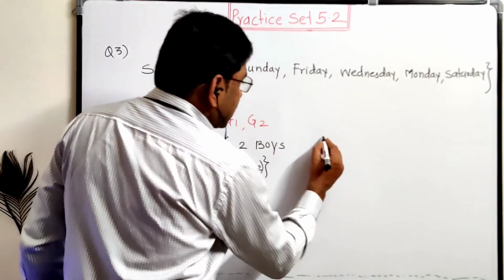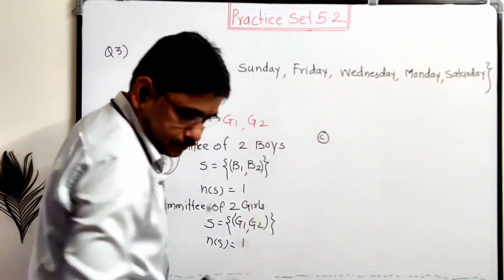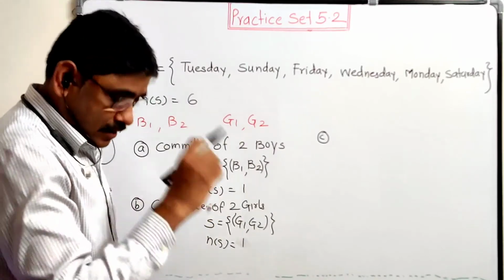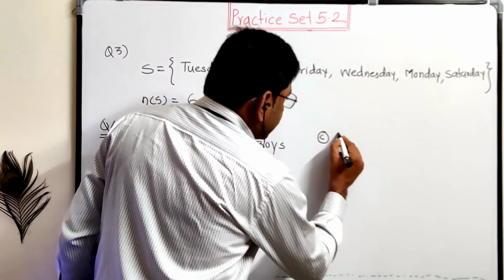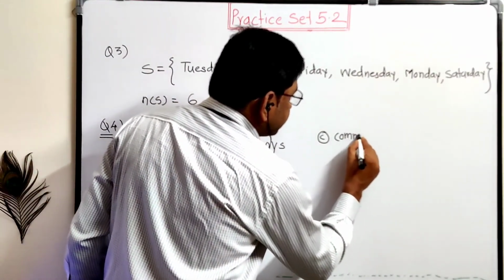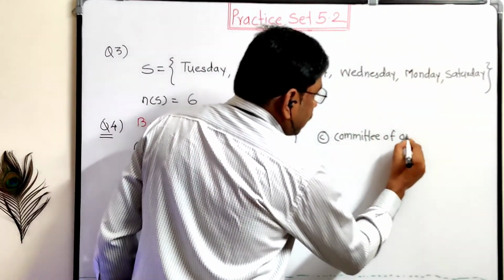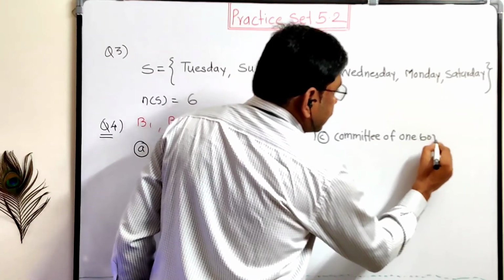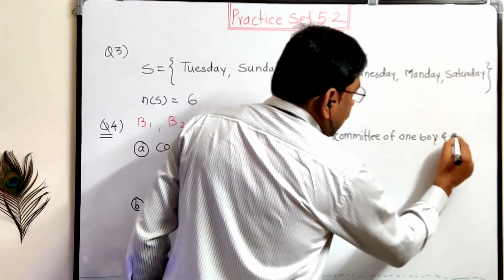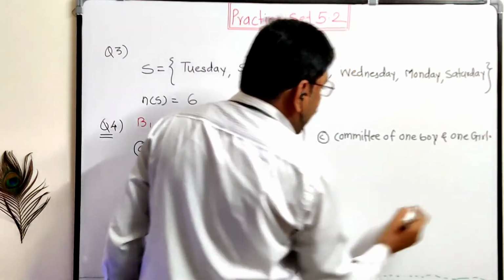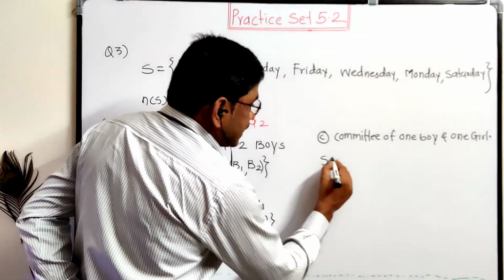Now the third possibility is C, committee of 1 boy and 1 girl. So in that committee 1 boy and 1 girl may be there.